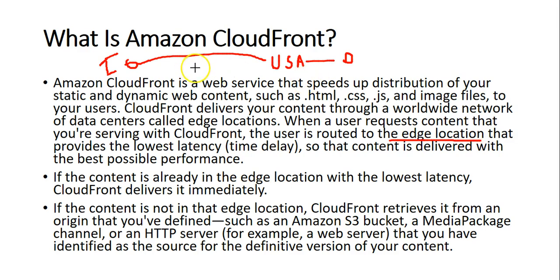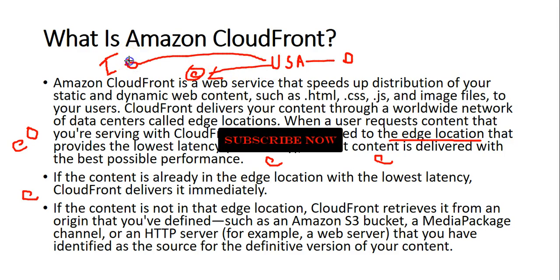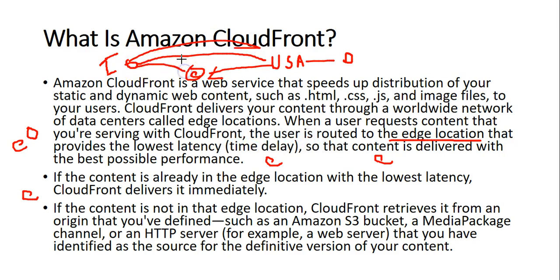So there are edge locations set up by the CDNs. Let's say this is an edge location, this is an edge location, this is an edge location. If the content is already in the edge location with the lowest latency, Cloudfront delivers it immediately. So let's say the content is cached onto one of these edge locations. When the user requests the same content again, the request would first go to my edge location and would be directly served from the edge location to the user.